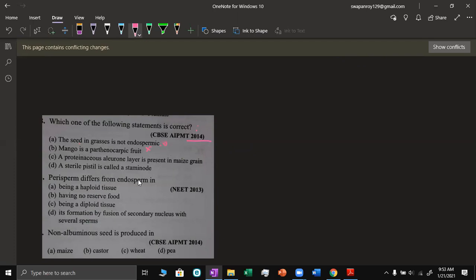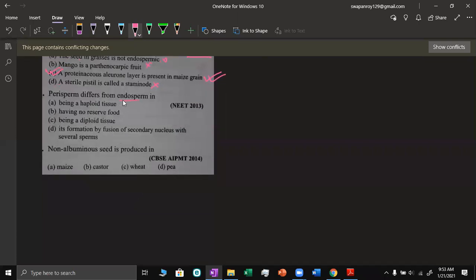A proteinaceous aleurone layer is present in the maize grain. This is correct. A sterile pistil is called a staminode. No, this is wrong; a sterile stamen is called a staminode. So the correct statement is only C.